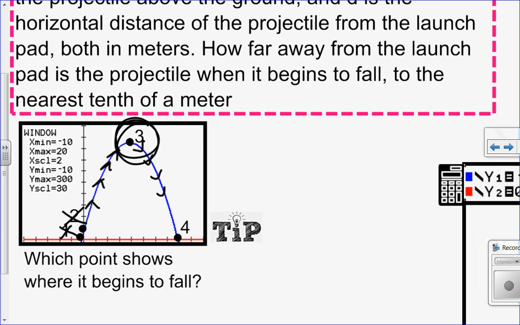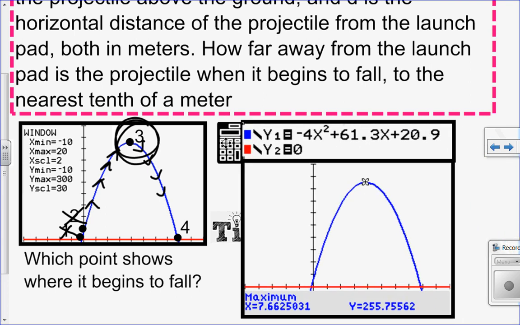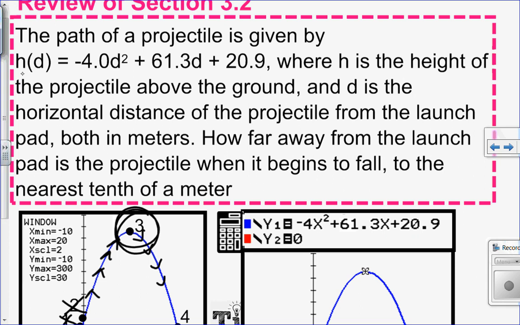I can put that into my calculator and find out what my maximum point is. We have to decide whether I need the x coordinate or the y coordinate. It comes back to looking at how my variables were defined. In this question, h, which really corresponds to y, is the height of the projectile above the ground.